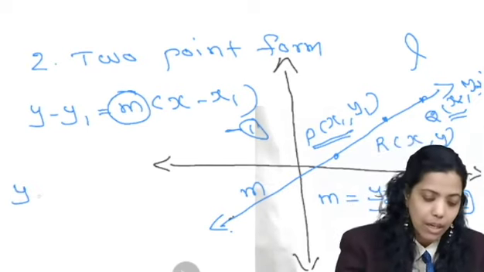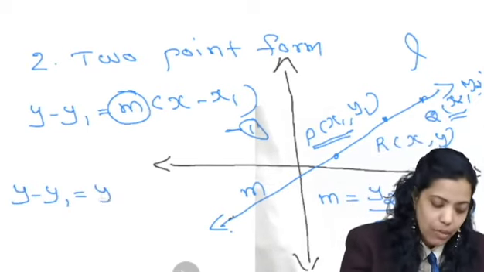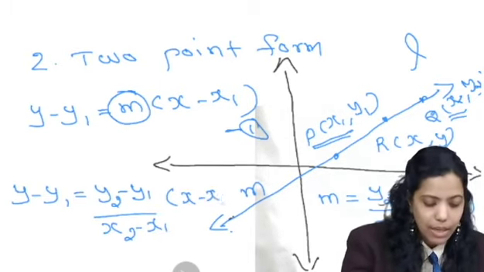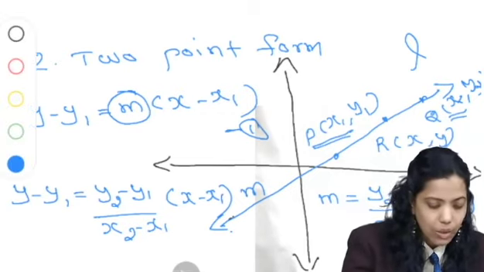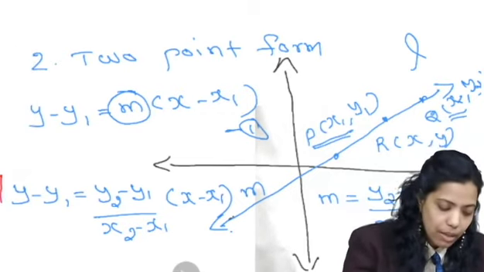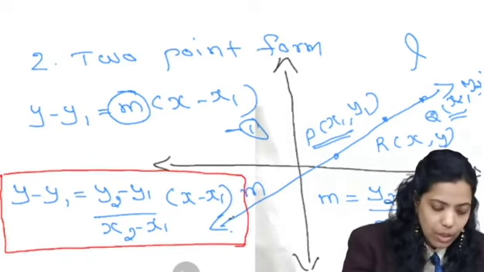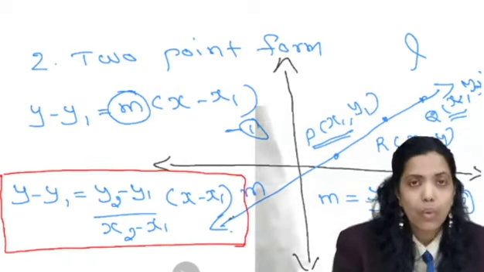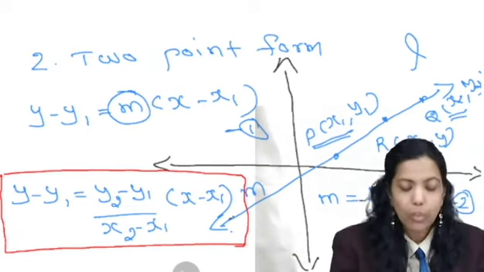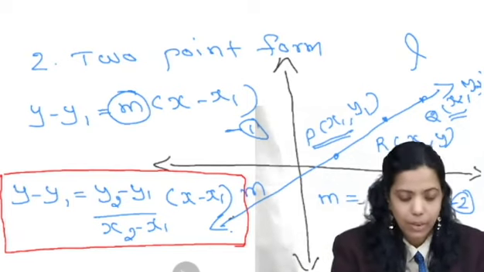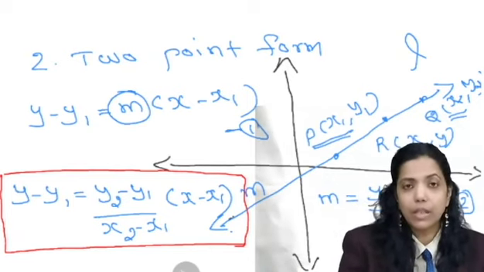So here comes the new formula: y minus y1 equals y2 minus y1 by x2 minus x1 times x minus x1. That is the new formula related with the equation of the straight line and it is known as the 2-point form, where x1, y1 and x2, y2 are the 2 points given.